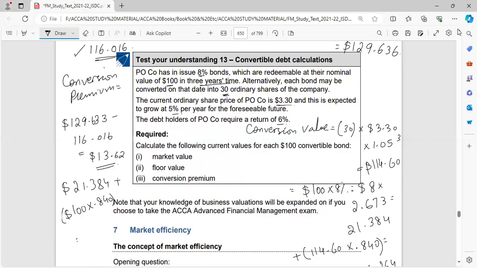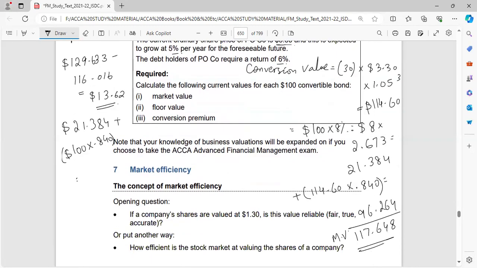So 100 into 0.840, 84, plus 21.384, 105.384. This is floor value. Conversion premium is what? 117.648 minus 105.384.